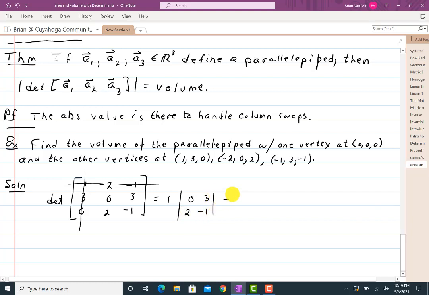And then we have minus, the next entry was a 3. Let's pull that row and that column, and we have negative 2, negative 1, 2, negative 1. And of course the 0 doesn't do anything, so I'm not going to bother with it.